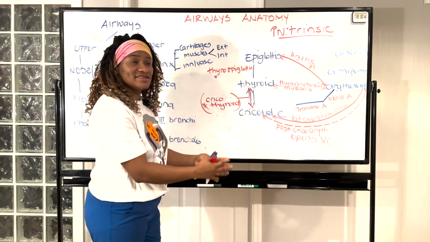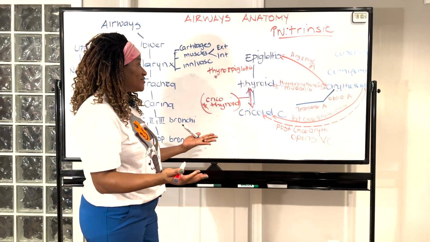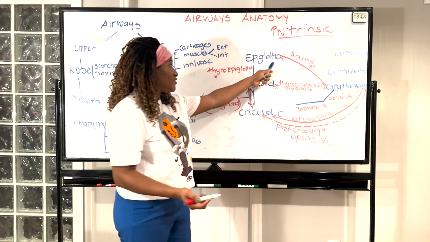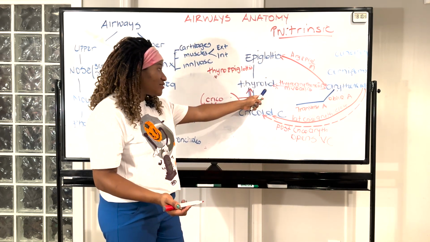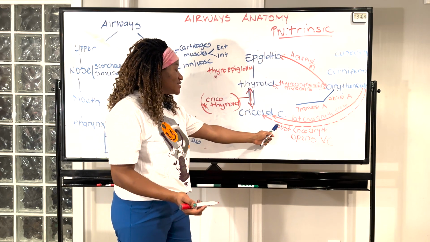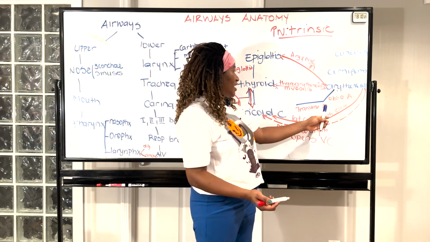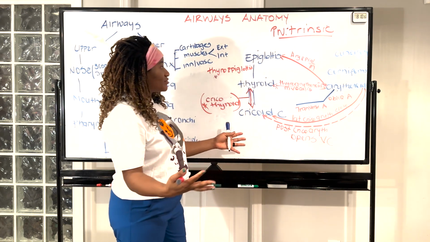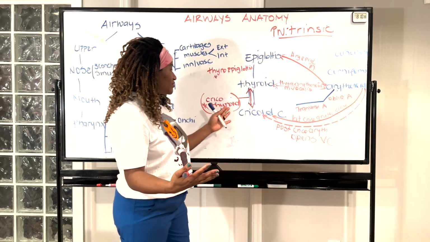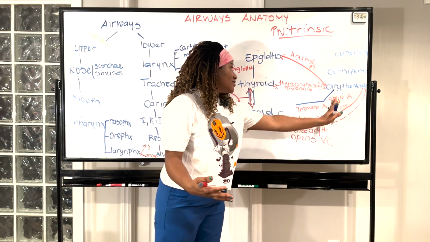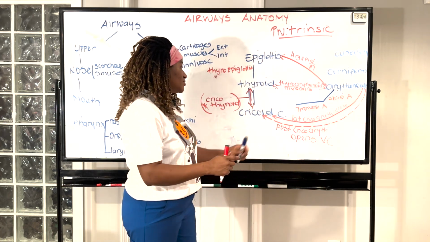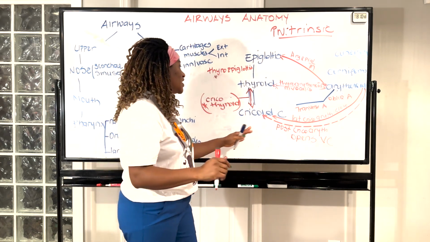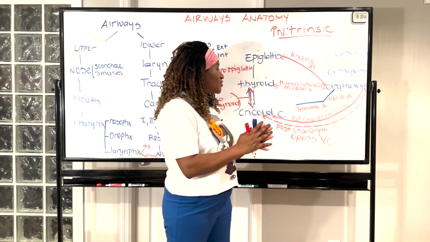And these are your intrinsic muscles. Very easy, right? It follows the cartilage. You have your epiglottic cartilage, your thyroid cartilage, your cricoid cartilage, and your arytenoid cartilage behind. Now the muscle follows the cartilage. You have the cricoarytenoid: the posterior cricoarytenoid opens, the only opener, and the lateral cricoarytenoid closes.